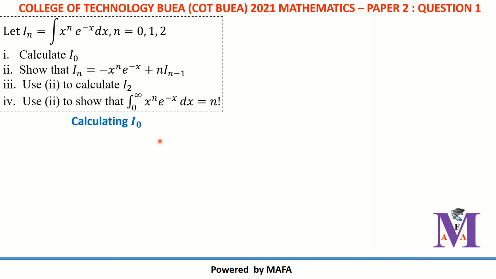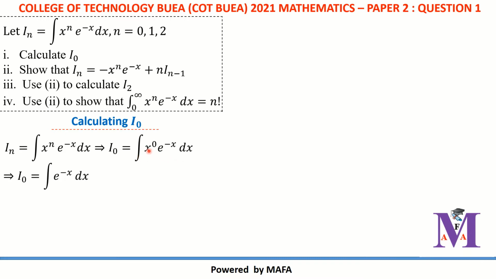Alright, so let's begin gradually with Roman 1, which is asking us to calculate the value of I0. I0 is gotten by replacing n with 0 in the expression of I of n. So our I0 is the integral of x raised to the power 0 times e raised to the power negative x dx. Students should pay keen attention that this is an indefinite integral.